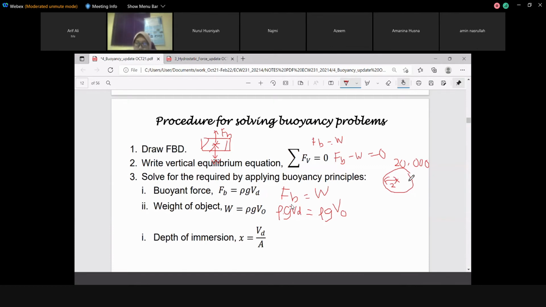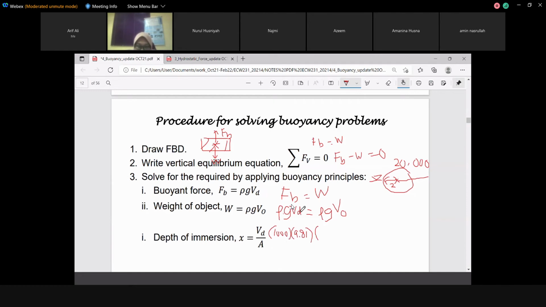And it floats, immersed partially. Okay, so it is immersed partially. Okay, how do we substitute the given information, the values, into this formula? So the density for the buoyant force is 1000. Gravity is 9.81.